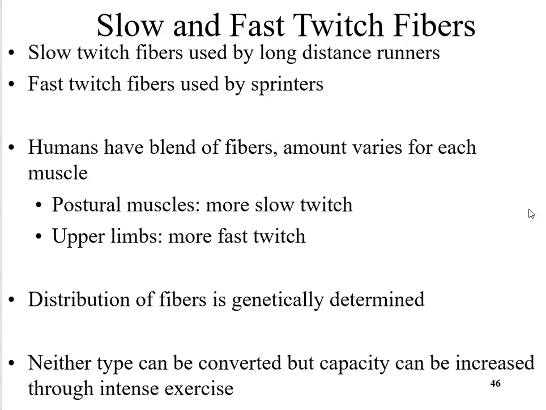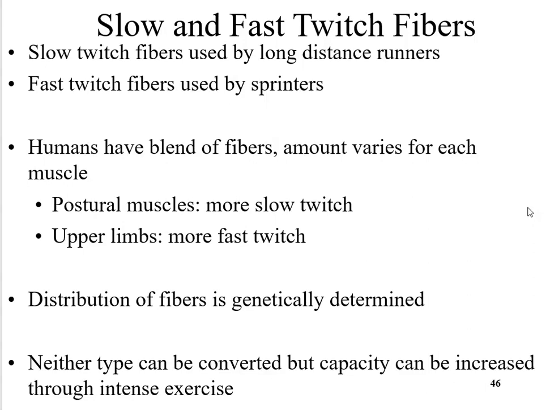So the muscles we rely on for posture, the back and the abdomen, will be an example. If we rely on the muscles for more intense, quick, powerful contractions, like the muscles of the upper limbs, the muscles will be composed of more fast twitch fibers.